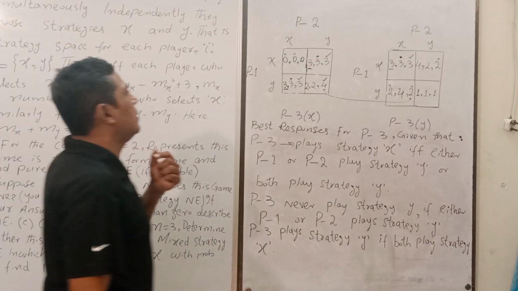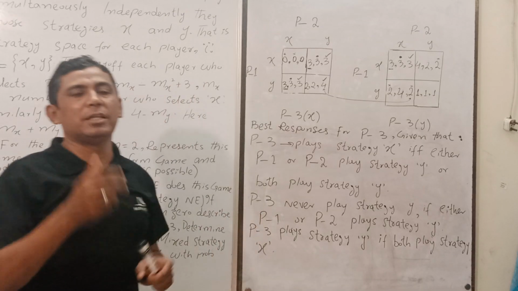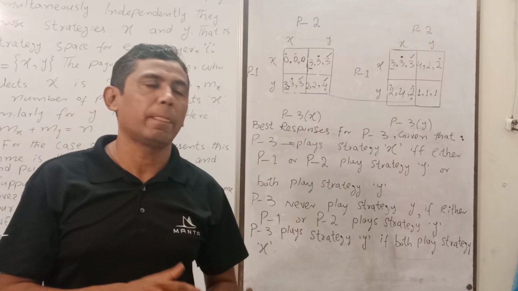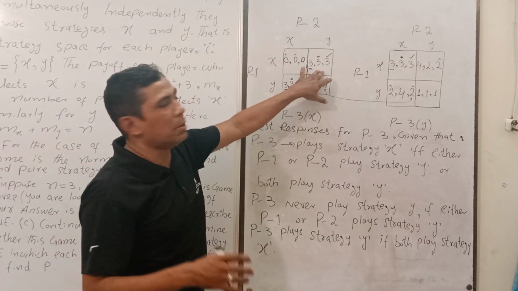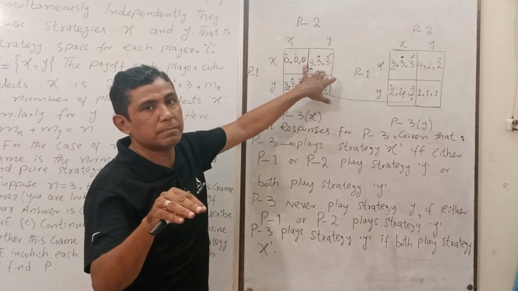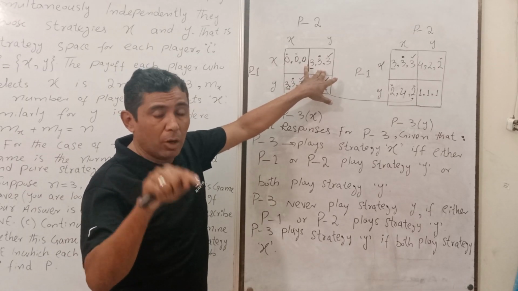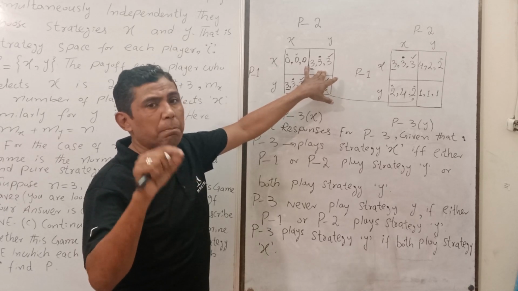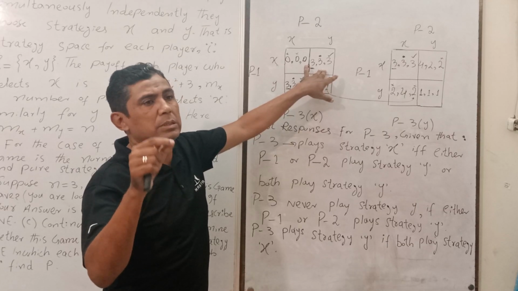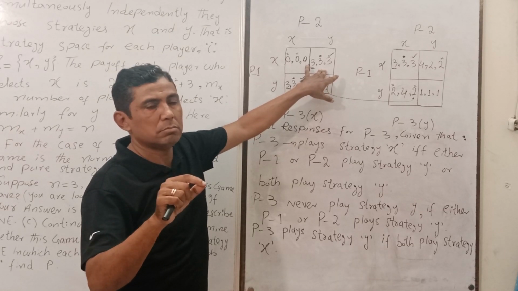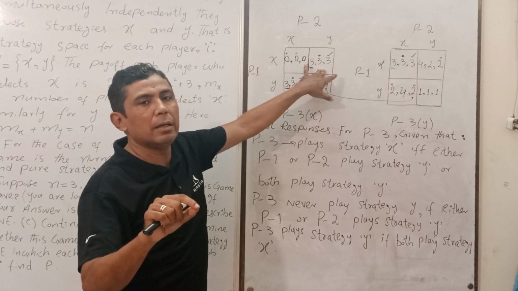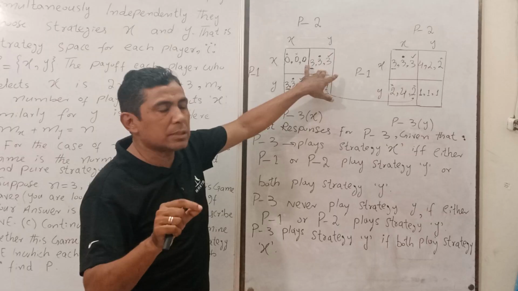So, what is the definition? In the box, if all three best response functions are simultaneously there, it is called Nash equilibrium. And you can compare whether it is the best response.